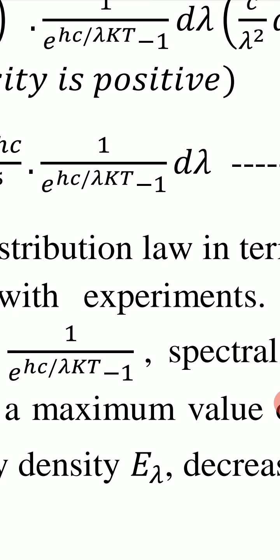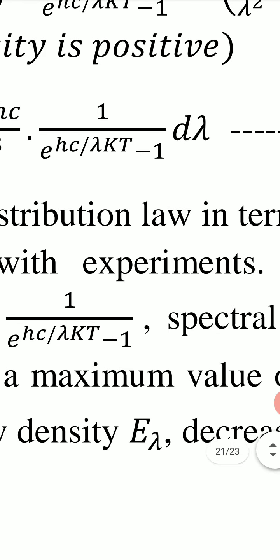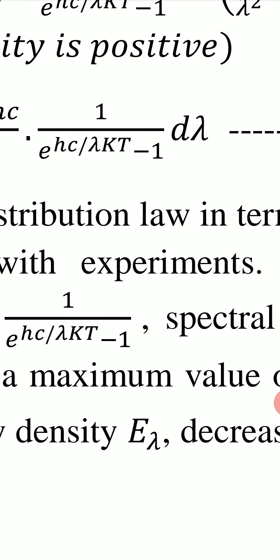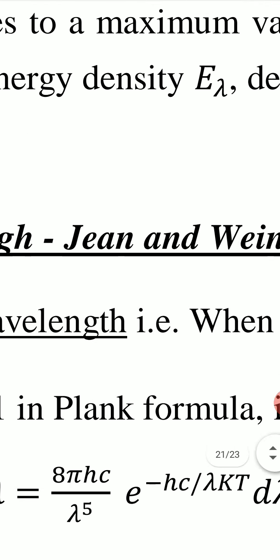Then we can expand this exponential by using the formula e to the power x equal to 1 plus x plus x square upon factorial 2 and so on. Square and higher order terms are neglected.